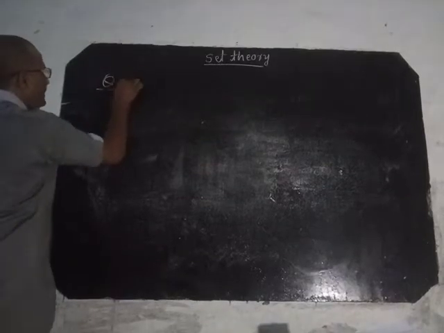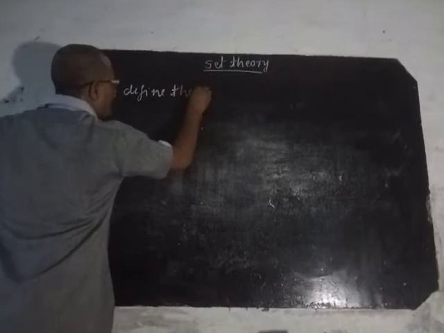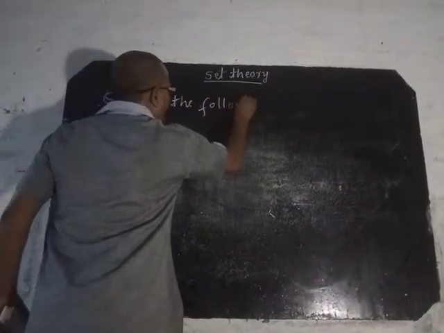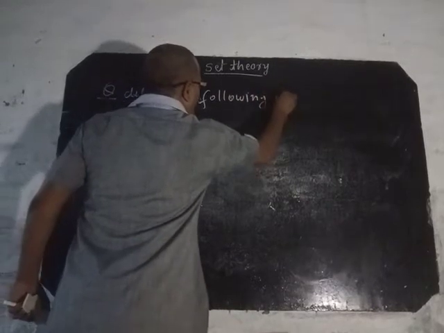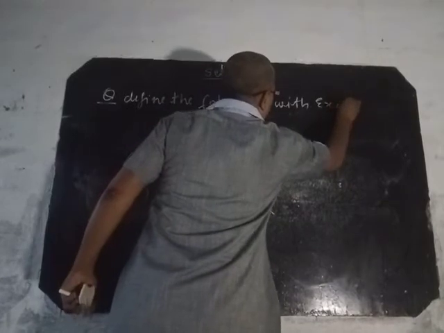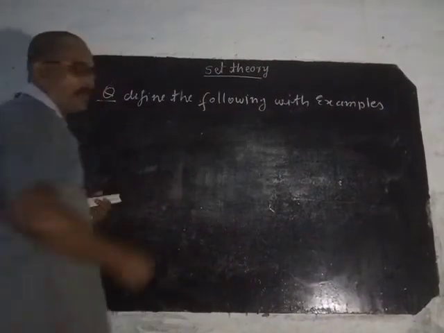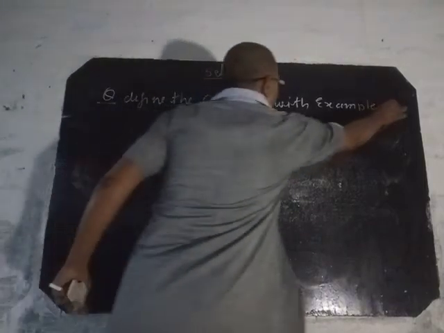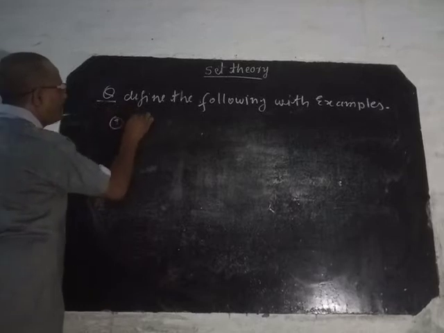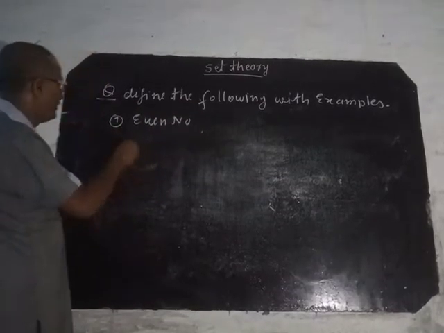Question: define the following with example. Mostly you know some of these definitions. First one, even number. You have studied it from 4th class.